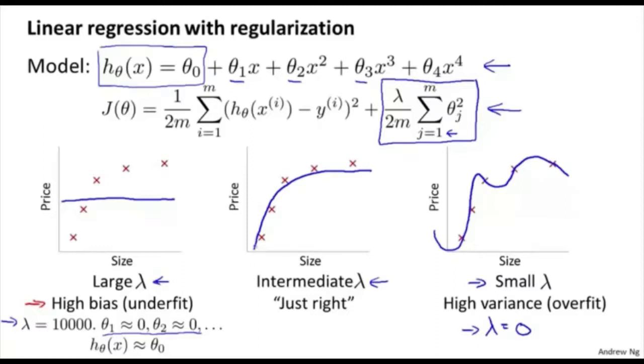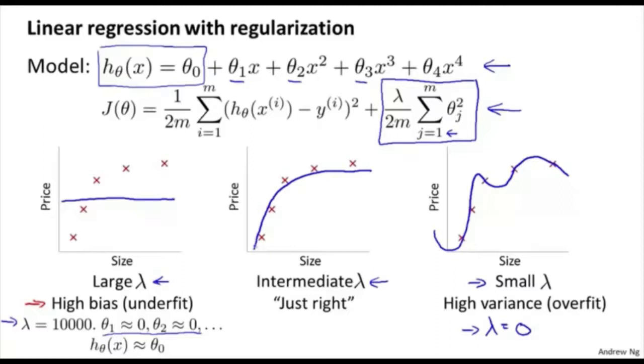So we get a straight line, and the hypothesis is high bias, that is underfit, and this is not a very good model. The second case is a very small lambda.